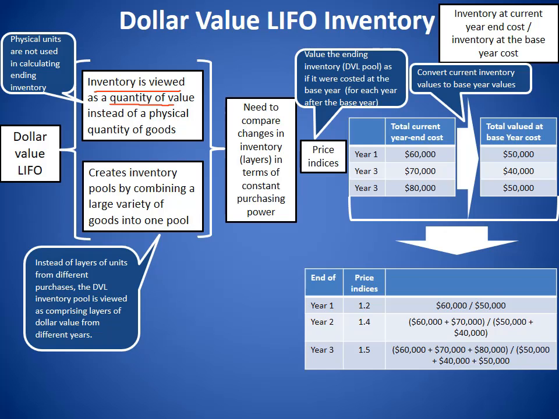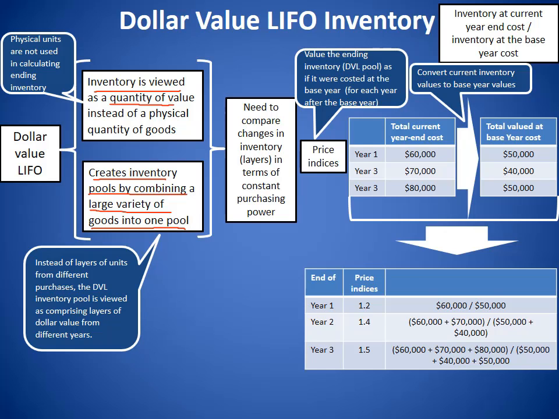And the other cool thing is we're able to create large inventory pools by combining a large variety of individual inventory items into one massive pool. Each item has a value, and the common denominator for each item is value.